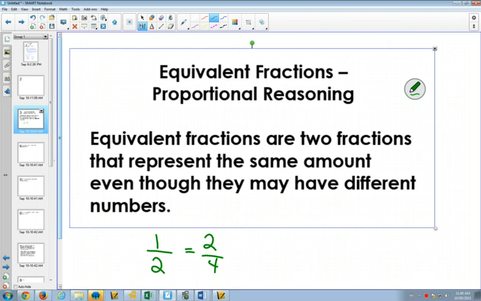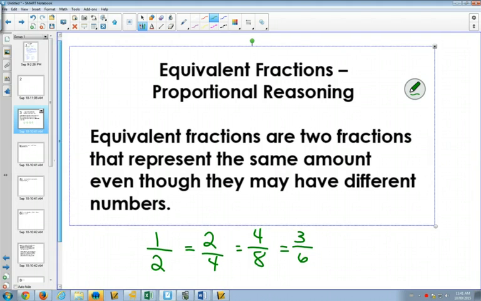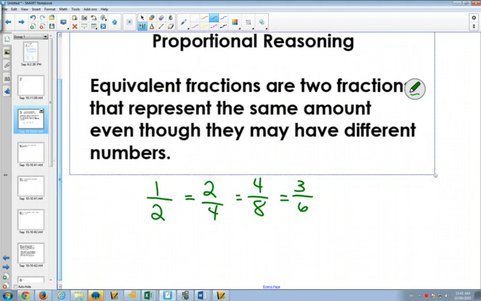What would be another fraction that has different numbers but would be equivalent to those? 4/8. 3/6. There's a lot more of them. If we wanted to try to list them all, we could be here until we all died. But we're not going to do that. That's not today's lesson. Maybe tomorrow. There's a lot of them.